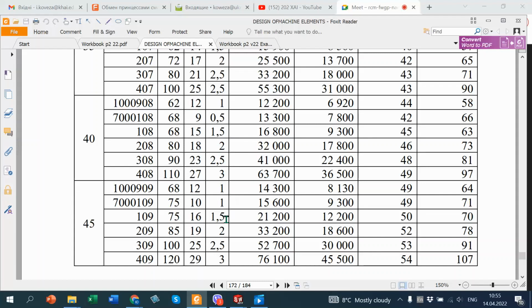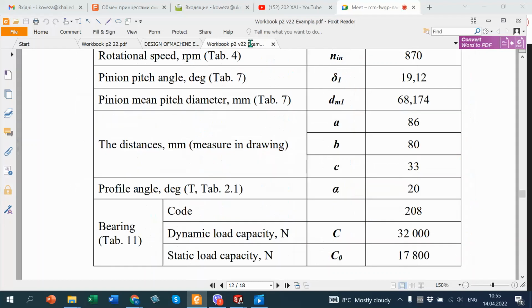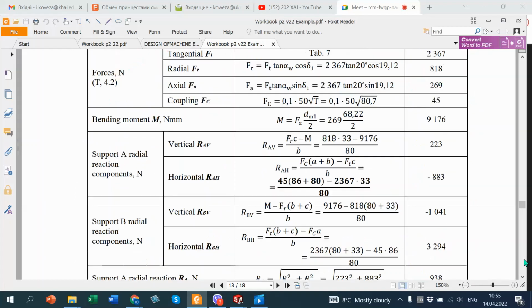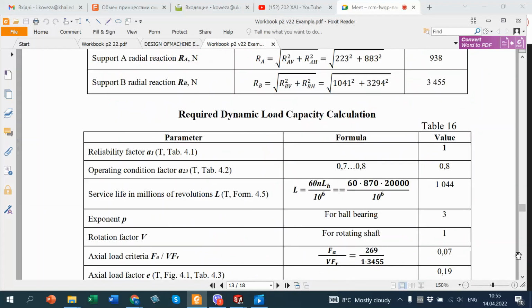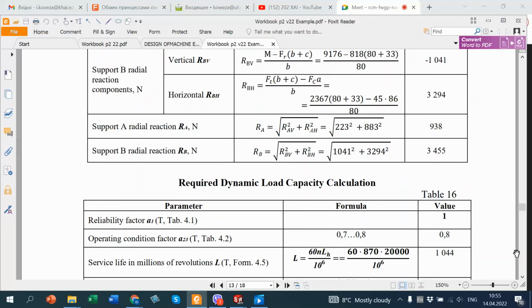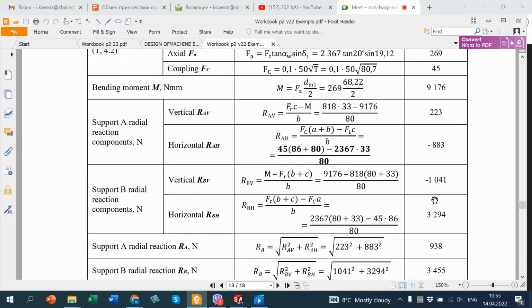One more variant. We can take another distance, B. You see here, B, B, B, B. If we increase B, we decrease loads, decrease forces, reactions.